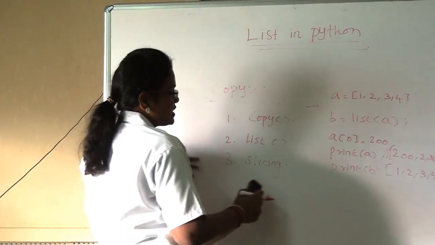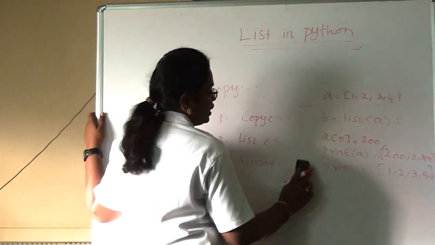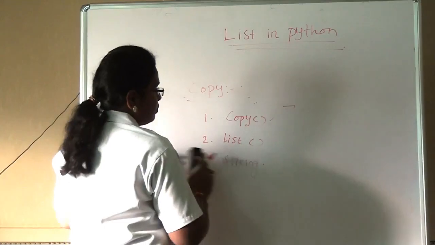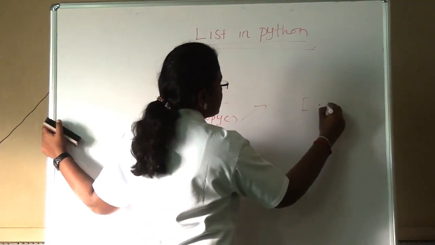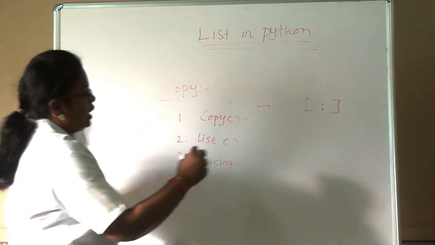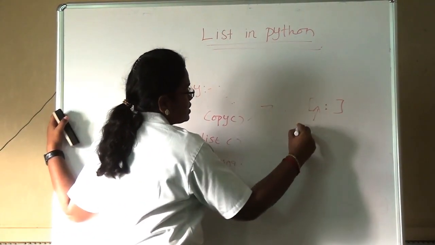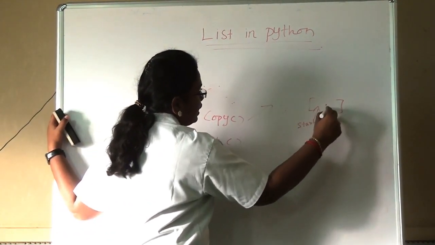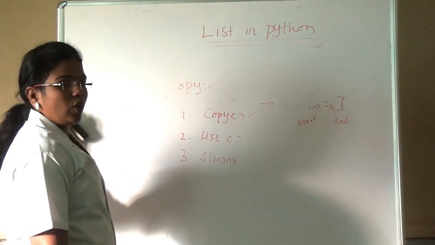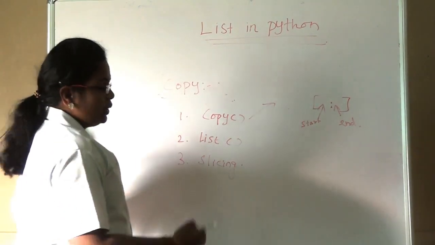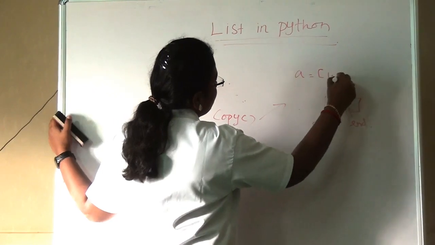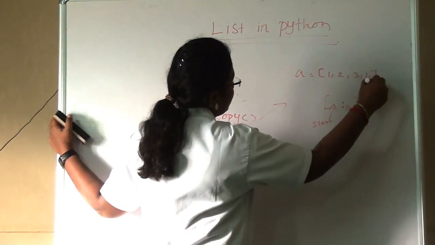The third one is the slicing operator. This slicing operator will print all the contents. Normally, I can exclude the start index and the end index. If I do this, I can print all the elements. A equals 1, 2, 3, 4.